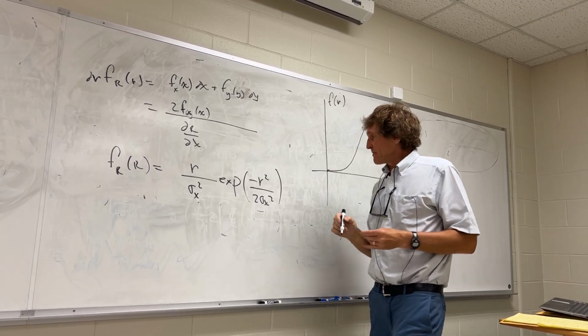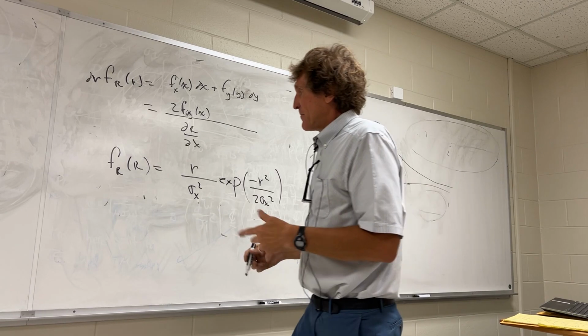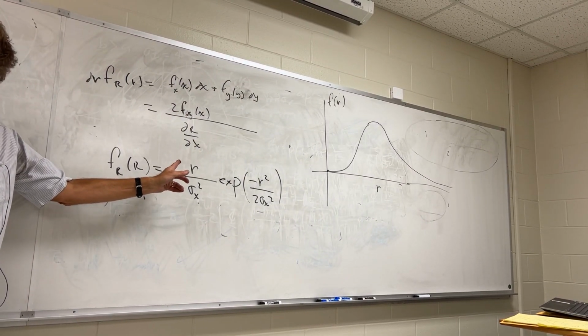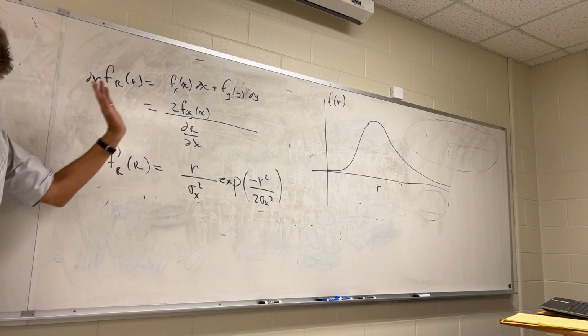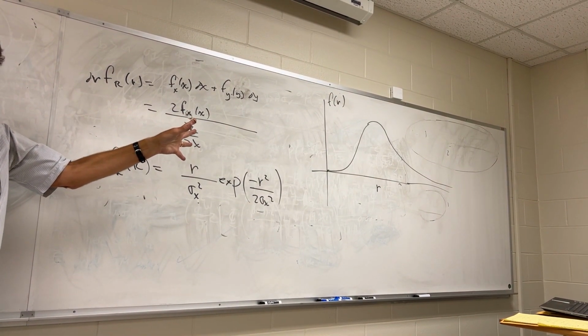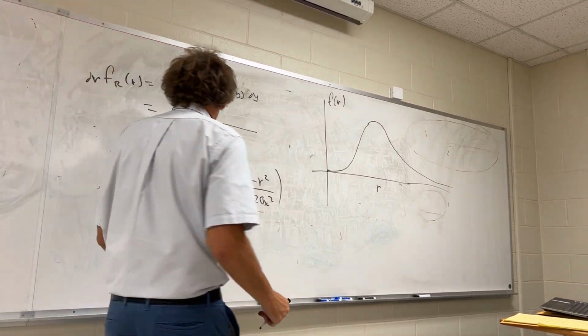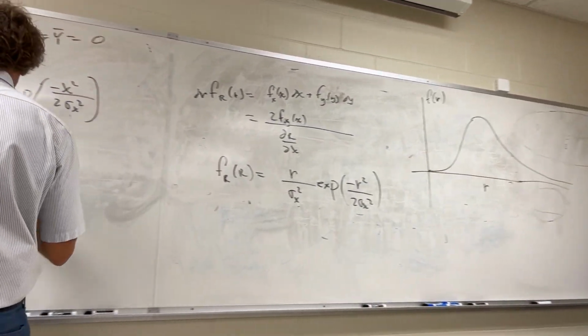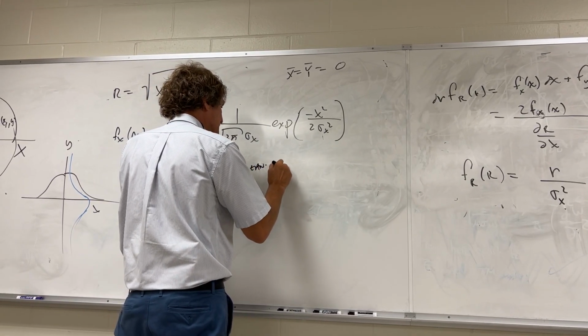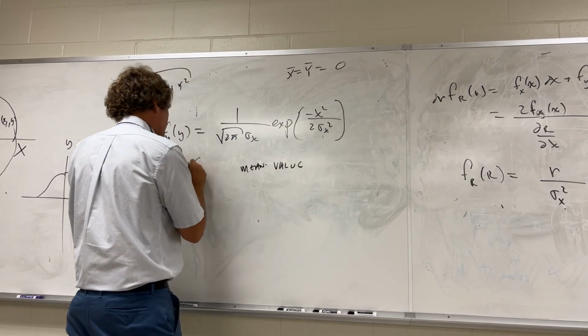It has a mean value, and we could prove that. If I wanted the mean of this, I'd have to multiply this by r. I'd get an r squared, right? Then I'd integrate it from 0 to infinity. Y'all follow me on this class? To get the expected value, I'm just going to write it down. The expected value, or the mean value, and this is for Rayleigh.